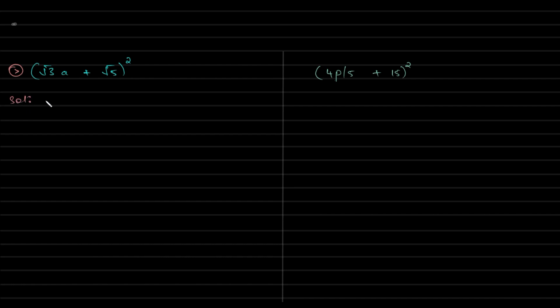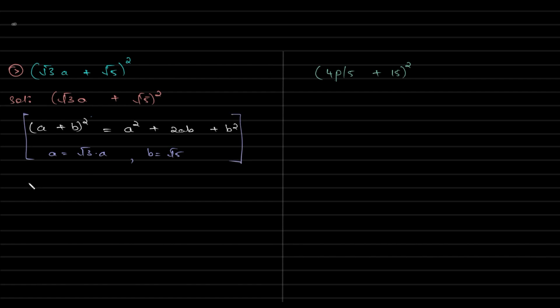So the question is root of 3a plus root of 5 the whole square. Now we need to write the formula. So here a is root of 3a, b is root of 5, right? All I have to do is substitute, that's it.